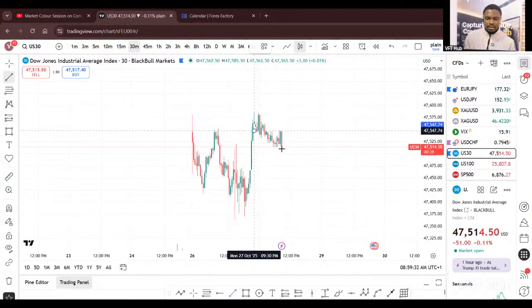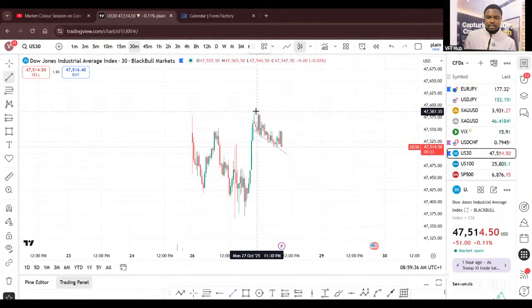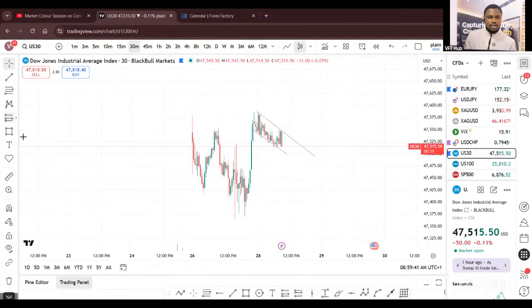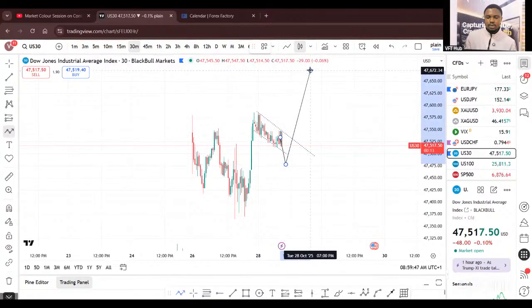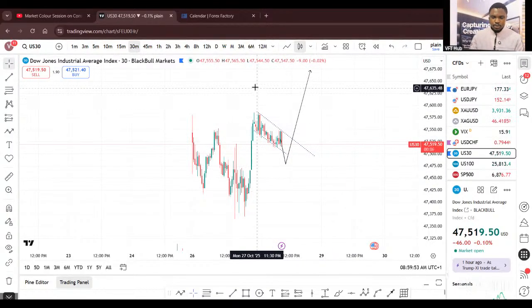This is like a bearish flag that is being formed, and then typically the next thing is either a bit of liquidity sweep and then boom to the upside, right? So this is typically what we used to see, but nonetheless, we'll be looking at the market.